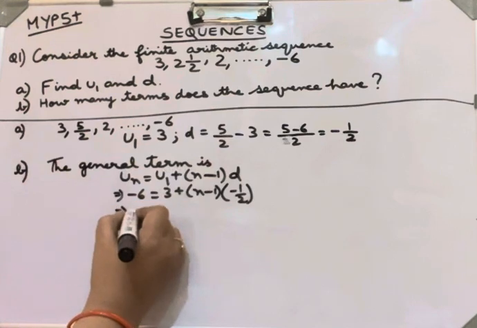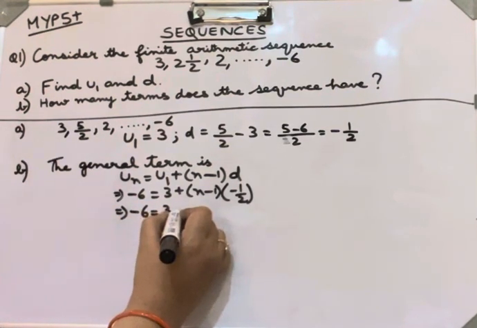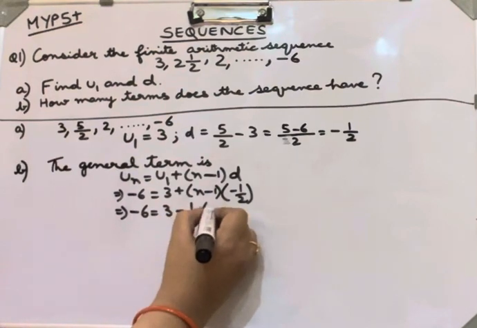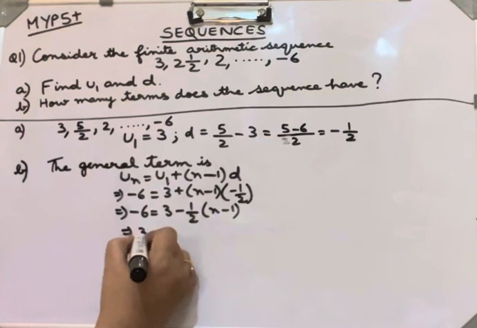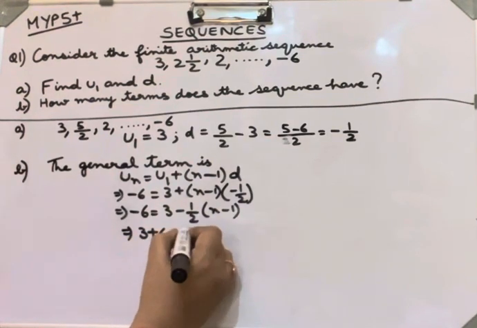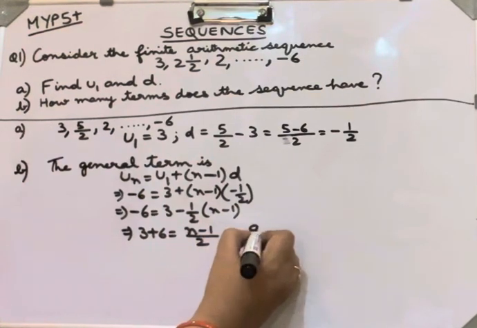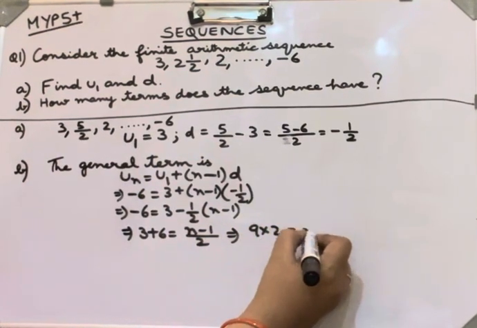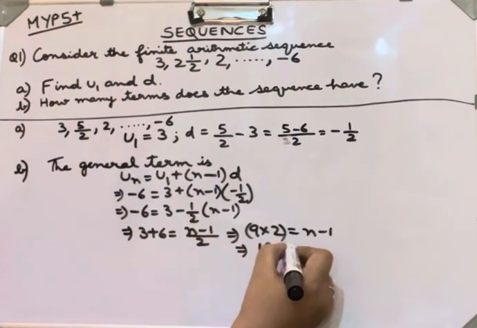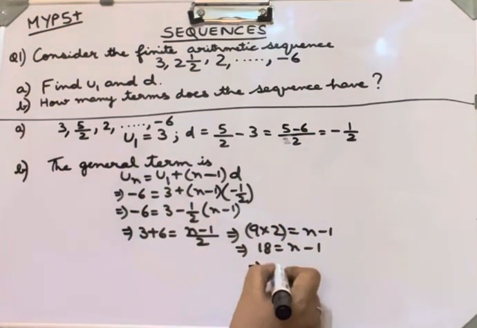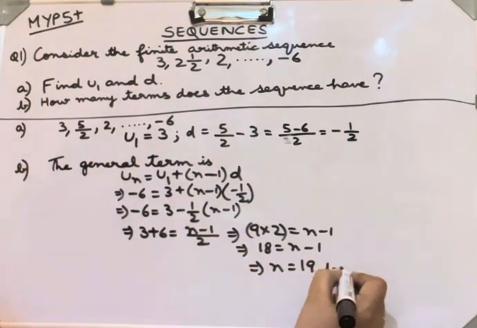So upon simplification, this becomes 3 plus 6 is equal to N minus 1 by 2. So the number of terms is 19.